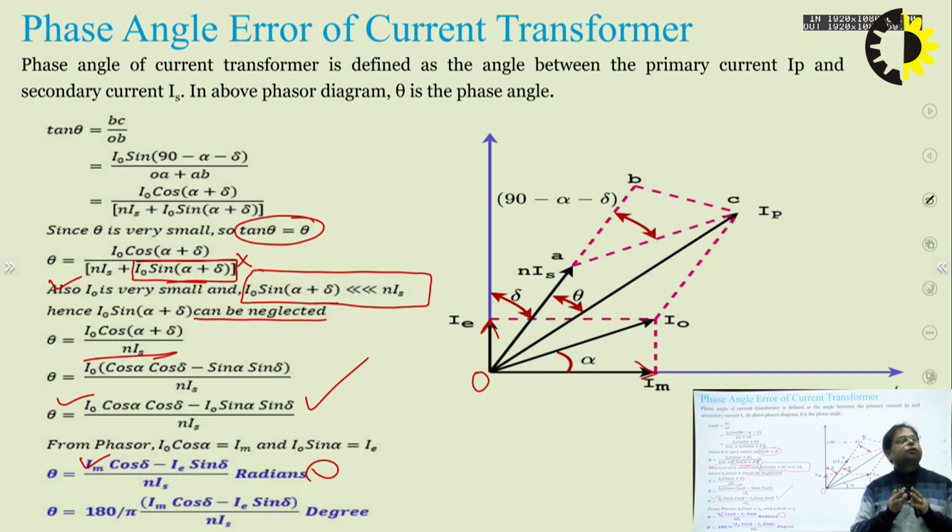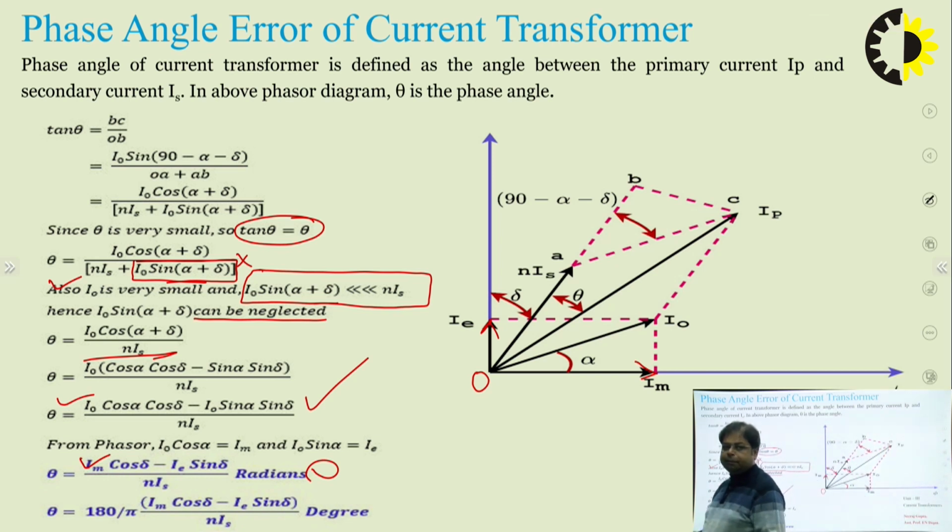These two parameters, the ratio error and the phase angle error, are very important to understand regarding the operation of a CT or any instrument transformer. Why do we call them instrument transformers? Because they are used to bring unmeasurable voltages and currents into measurable ranges.